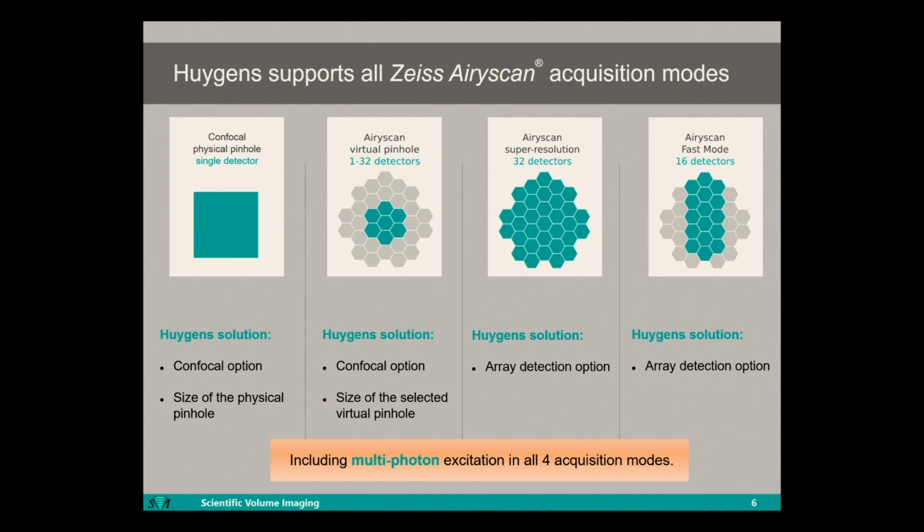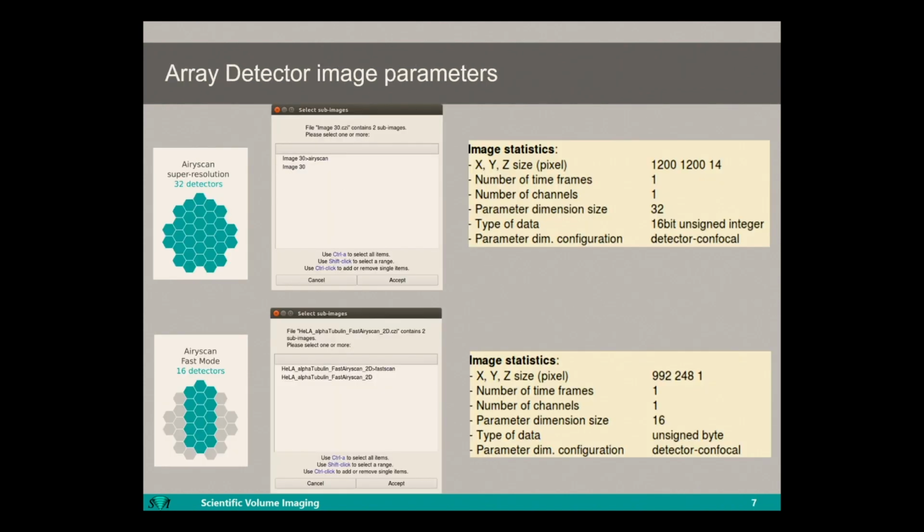So let me describe briefly how the different array scan acquisition modes are handled in Huygens. In order to deconvolve array scan images in Huygens, we first open the CZI file. If the CZI file contains array detector images, then Huygens will detect this and will read the pixel data from all the detectors.